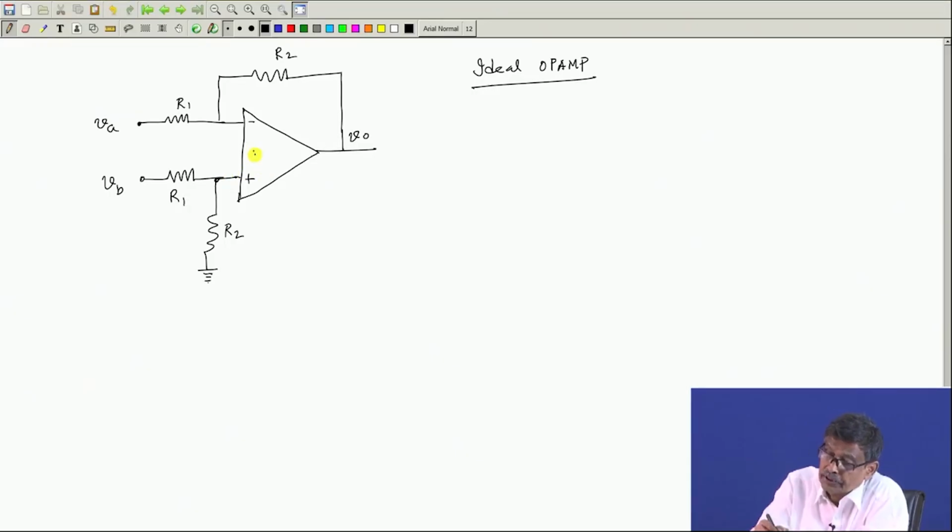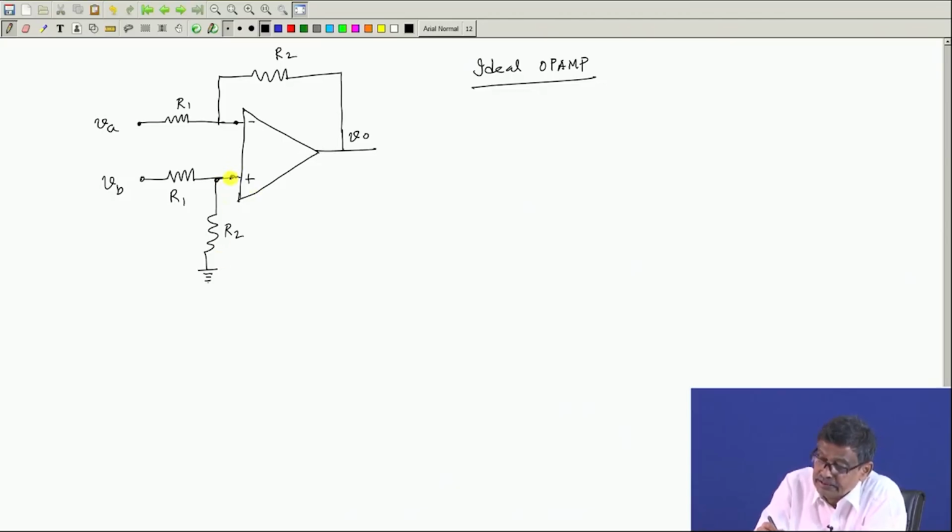And also, if no current flows, the potential between this point and this point, that is the thing which gets amplified, has to be the same, is it not? But note that this point is not now grounded.